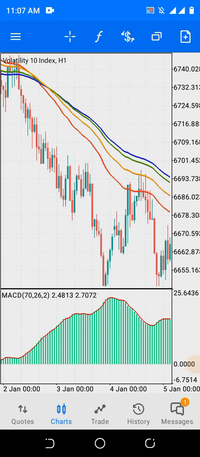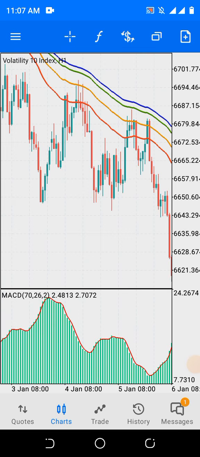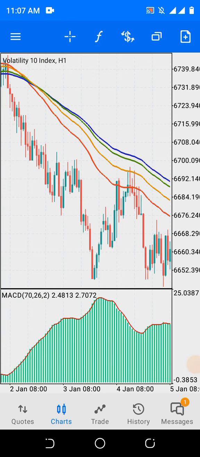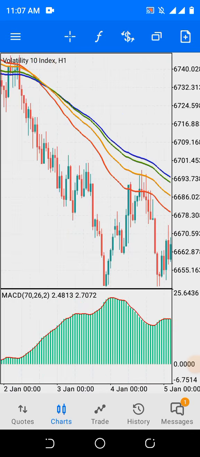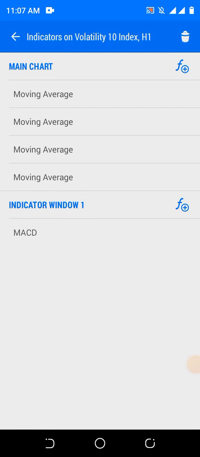So let me show you how to set up the indicators. Pay attention, copy it down so that you don't make mistakes. All right, so here are the indicators: four moving averages and the MACD indicator.